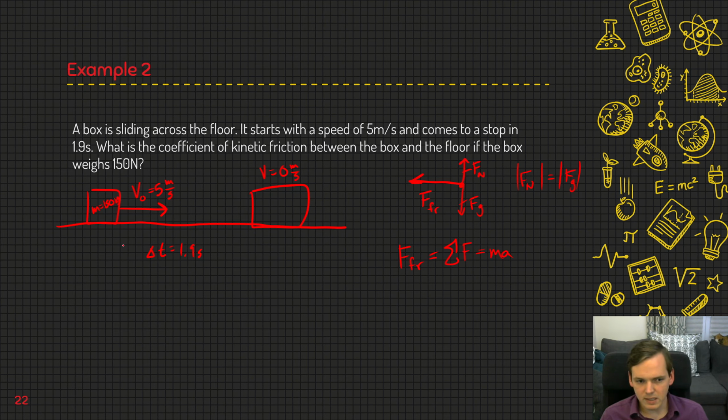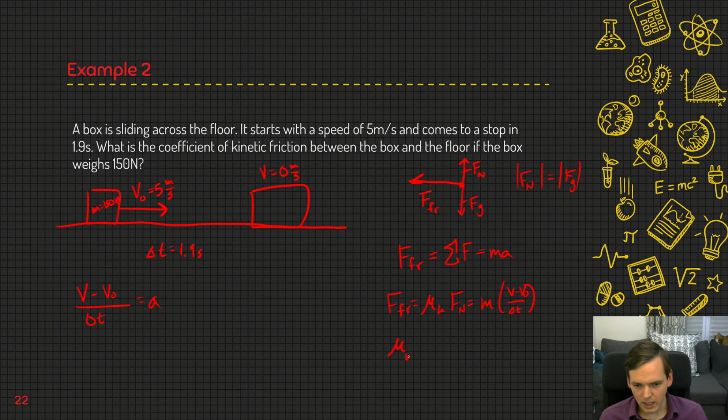We can find the acceleration from the information given to us here: v minus v naught over delta t should equal a. So in other words, the force of friction, mu k times Fn, equals m times v minus v naught over delta t.